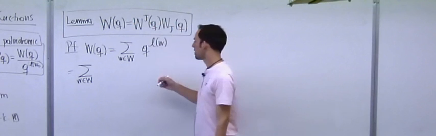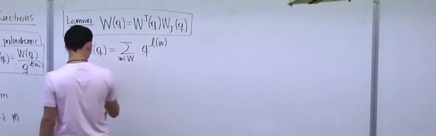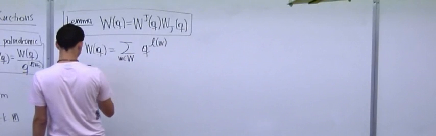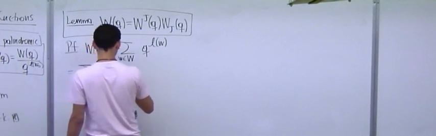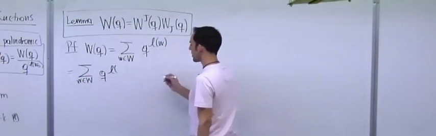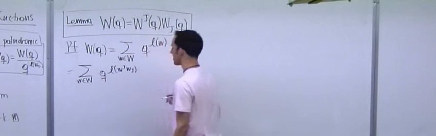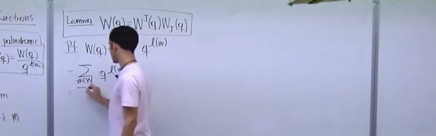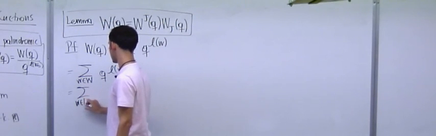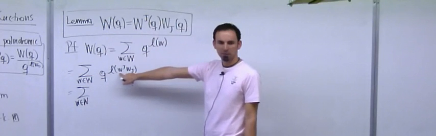Okay? And so basically, take it a little slowly. So I can factor W as W super J, W sub J, okay? But remember that one property of this factorization is that the length of W is equal to the length of this part plus the length of this part.